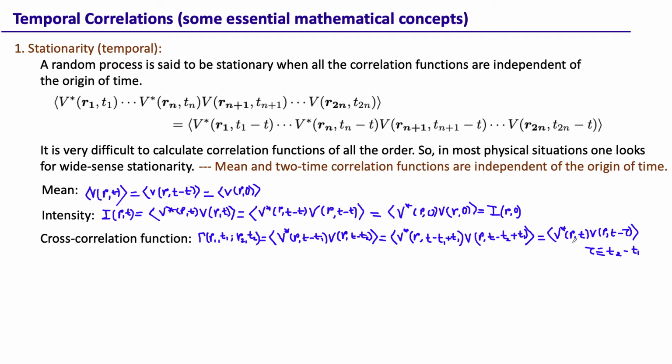We see that this does not depend on T1 and T2, it only depends on T and tau, and T is there in both. So this is essentially gamma R T and R, T minus tau.